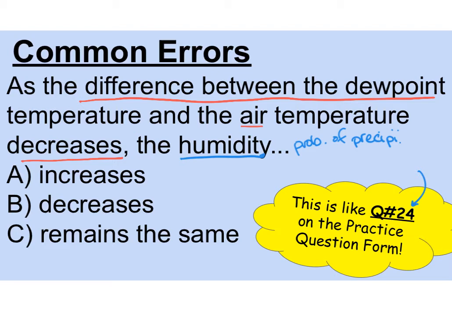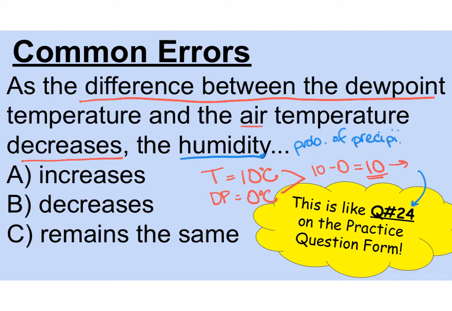Let me give you an example. Let's say we have a temperature of 10 degrees Celsius and a dew point temperature of 0 degrees Celsius. The difference between those two, 10 minus 0, equals 10. We want to decrease the difference. We want to make this difference get smaller.